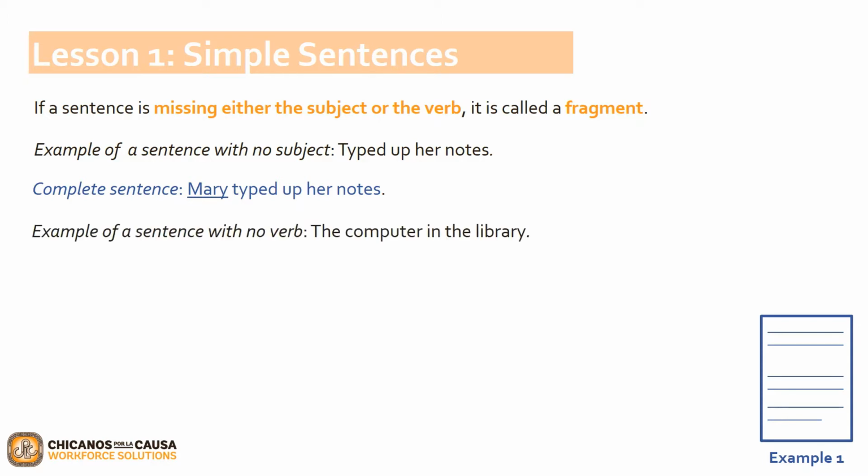An example of a sentence with no verb would be, the computer in the library. A complete sentence would be, the computer in the library crashed several times. Crashed is the verb in the sentence.